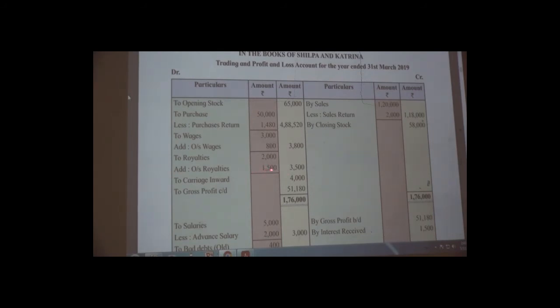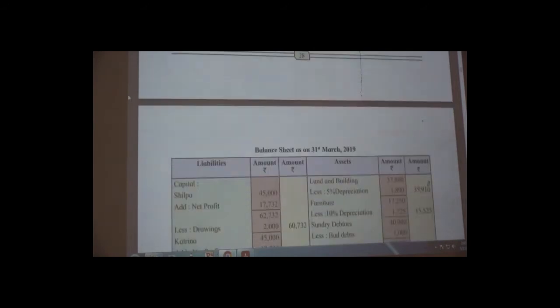So remember that first effect. If outstanding royalty is there, add the amount to the respective expenditure, that is to royalties. 2,000 plus 1,500 outstanding. Write the net amount in the outer column, 3,500. Okay. Now its second effect should be given: outstanding expenses are shown on the liability side.